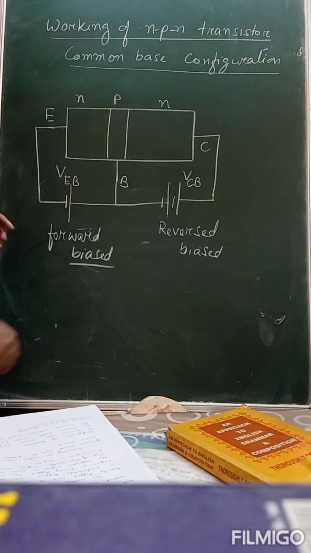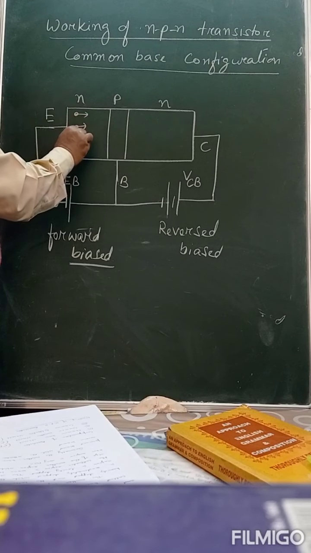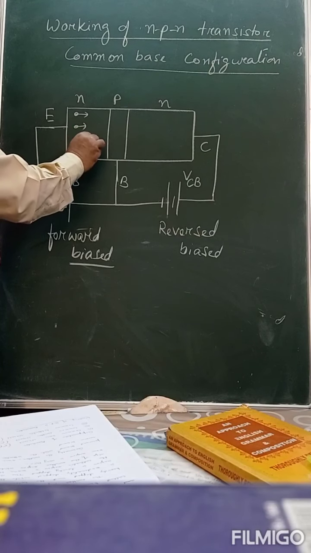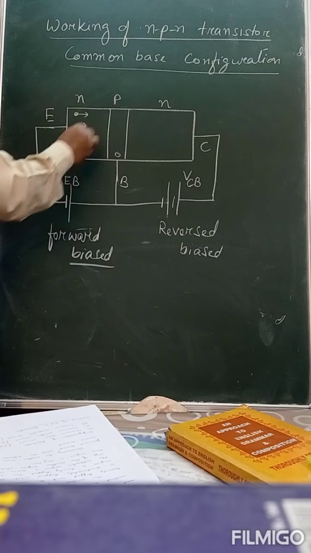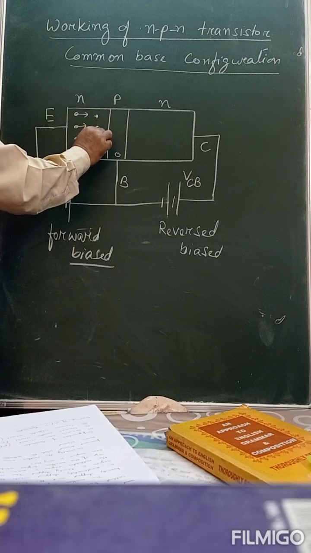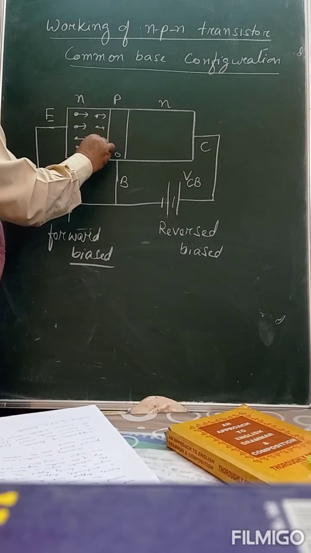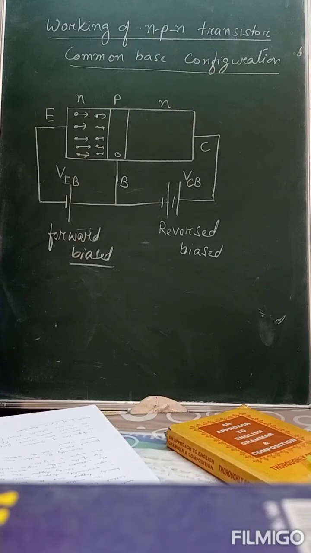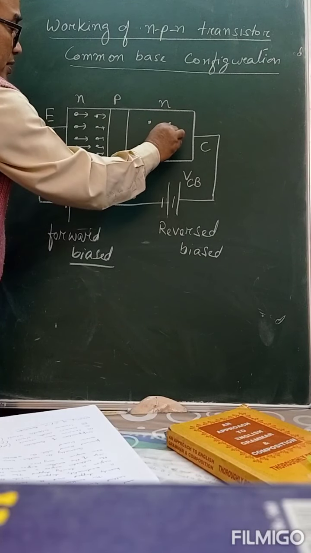Okay. So this is heavily doped. These are the electrons. This is lowly doped. And this is moderately doped, so fewer electrons are here.